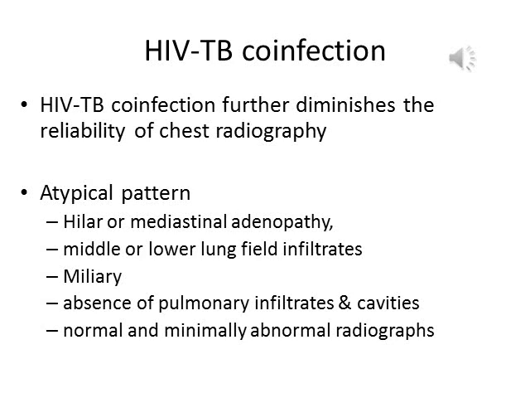Hilar or mediastinal adenopathy, middle or lower lung field infiltrates, and absence of pulmonary infiltrates and cavities are common in such patients, as are normal and minimally abnormal chest radiographs. In summary, the experience of many decades of detailed data collection and analysis indicates that chest radiography for diagnosis or follow-up of pulmonary TB cases, with or without HIV co-infection, is unreliable.